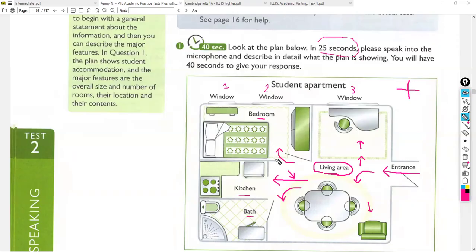What is in the bedroom? We have one bed. Okay. Ali, you said one bed for two-person. You said earlier one bed for two-person. Now, what is the plural of person, Ali?